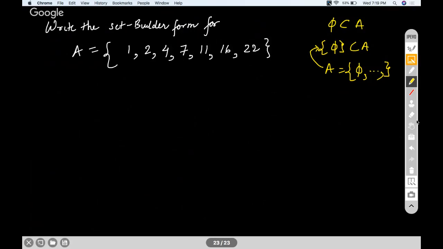Yeah, I understand you have identified the pattern. The pattern is the difference of consecutive terms is natural numbers. That is fine. So you have identified that 1, 2, 4, 7, 11, 16, 22. This difference is 1, this difference is 2, this difference is 3, 4, 5, 6. But how do you write this as a formula? I cannot be descriptive, right?